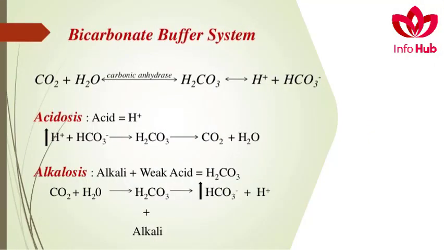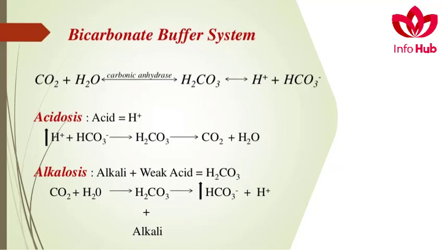And then the buffer system, which in acidic condition you can see, H2CO3 is broken down into CO2 and H2O, and they are excreted from the body. So CO2 is an acid, and that's how it compensates.